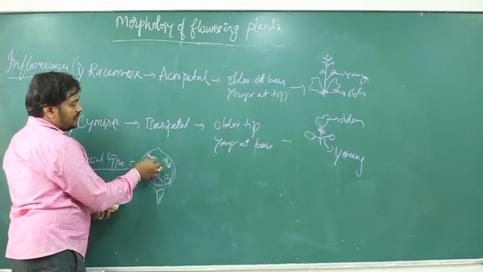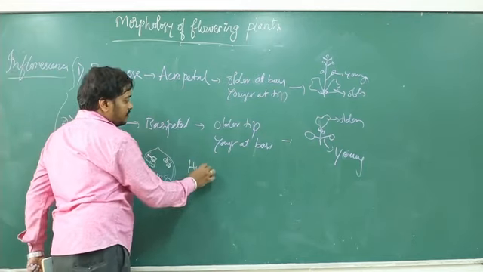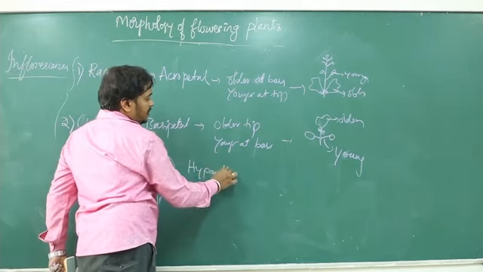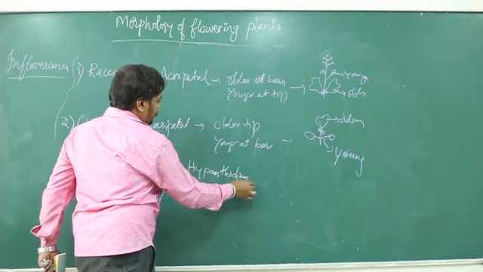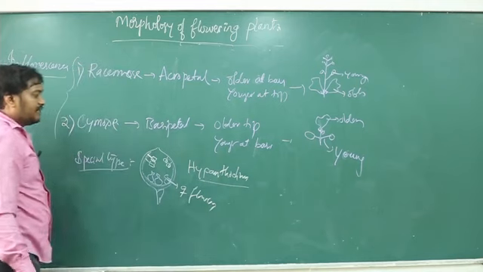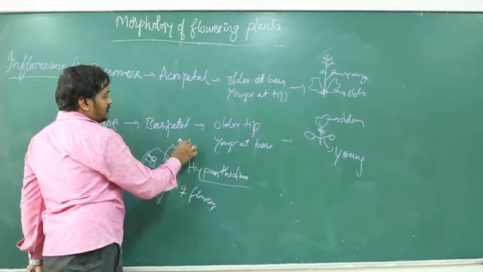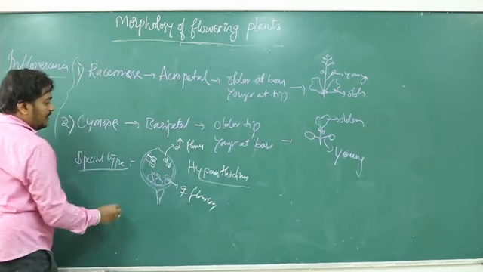So this type of inflorescence, where the whole thing is an inflorescence, is called hypanthodium. Remember, those flowers don't have any calyx, corolla. These are male flowers.